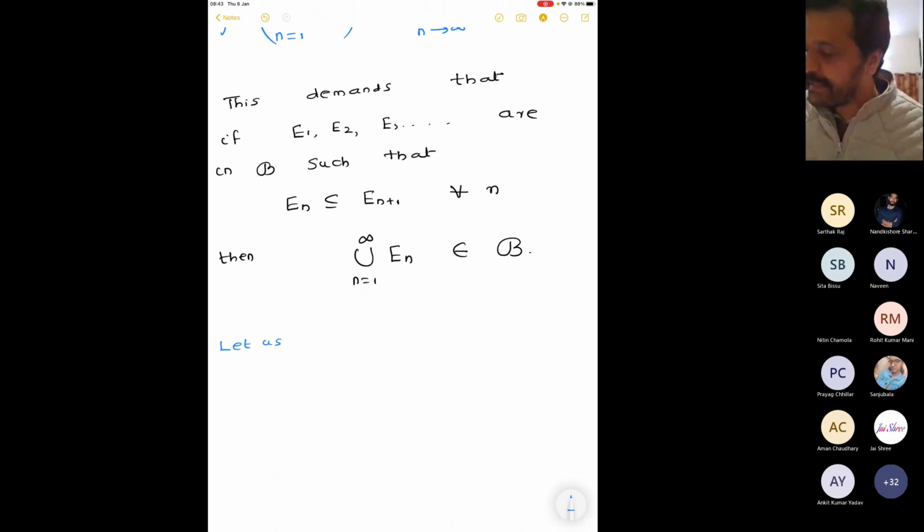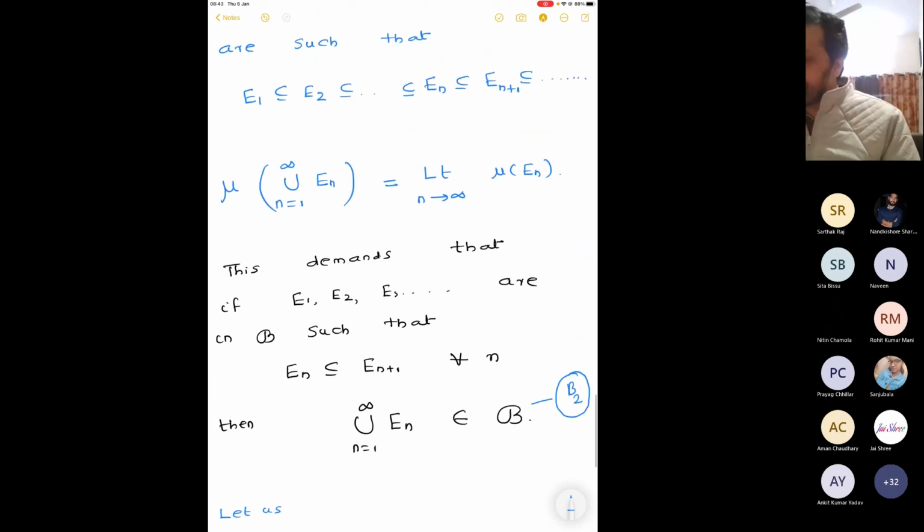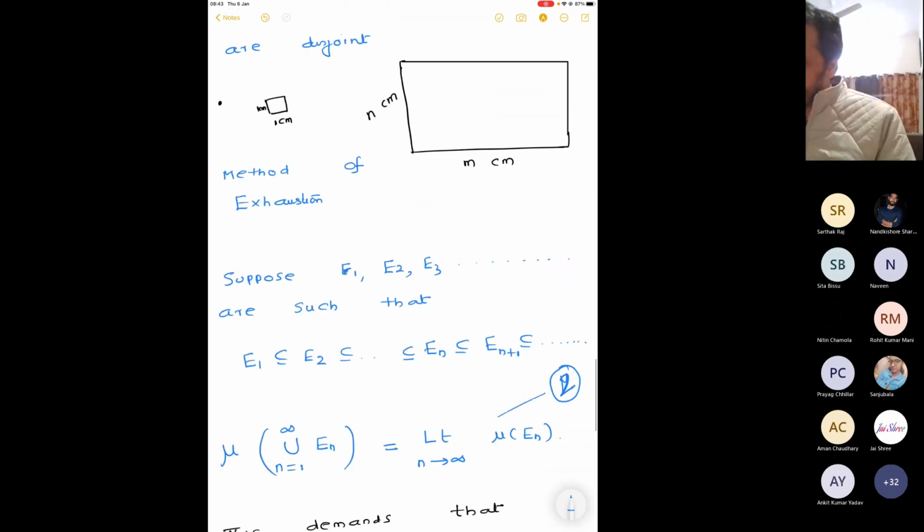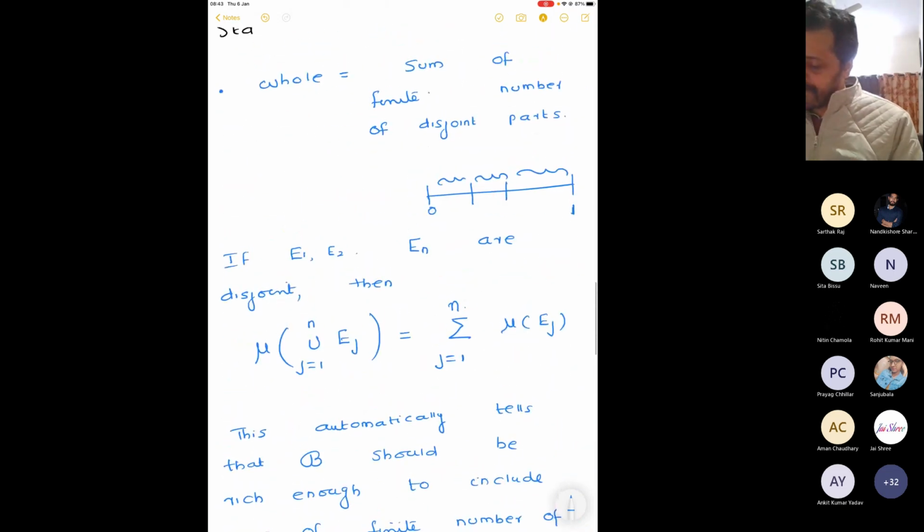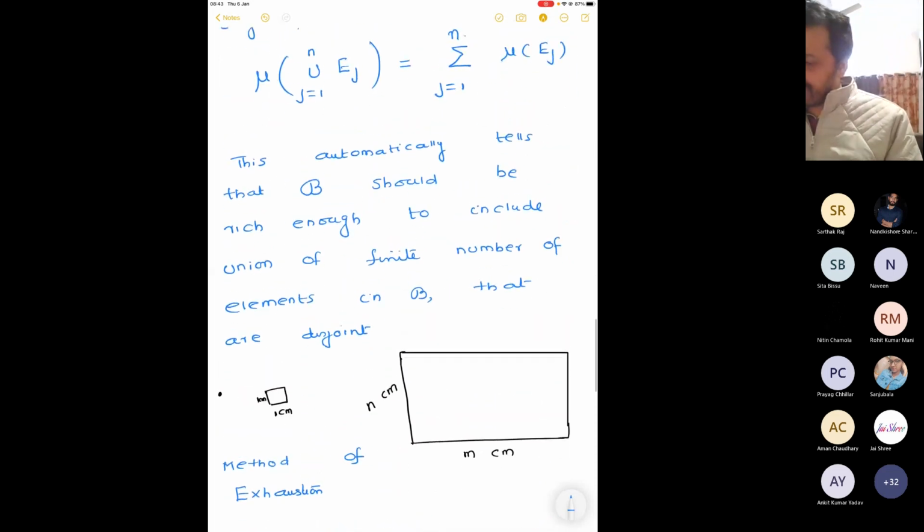This is one thing that we want on B, so I will call this 1 dash, and the second thing I want on B I will call 2 dash, and the conditions on mu will be 1 and 2.